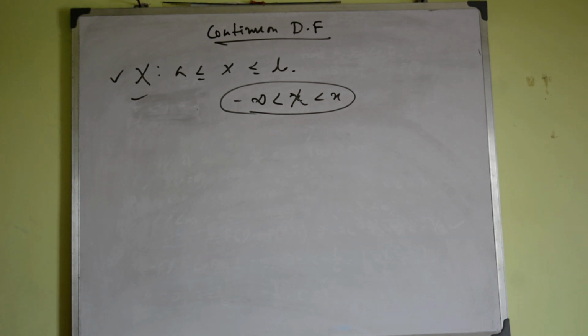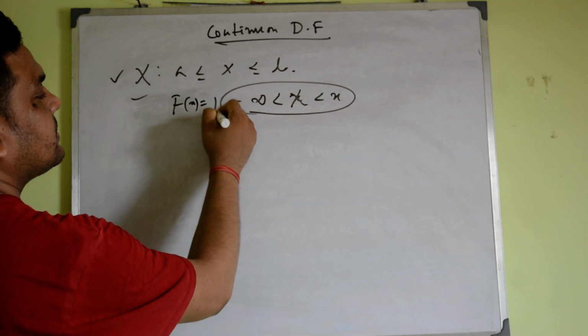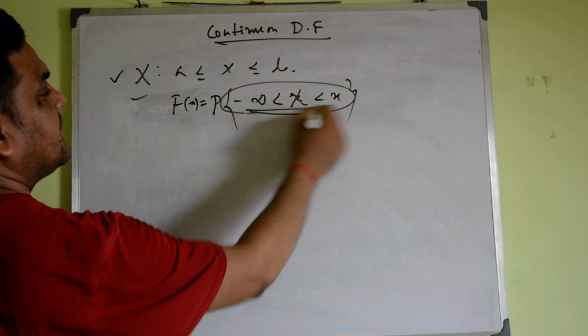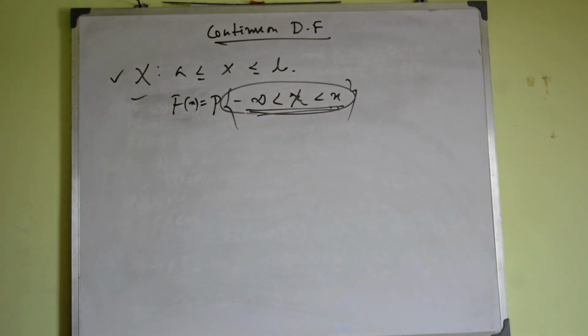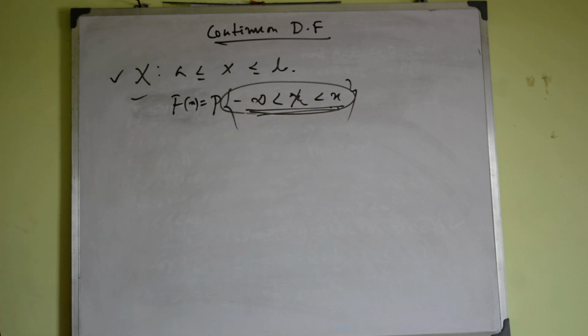And that function is defined, again from the definition of distribution function, by F(x) is equal to P(X less than or equal to x). Within that interval the function is everywhere continuous, from minus infinity to small x.